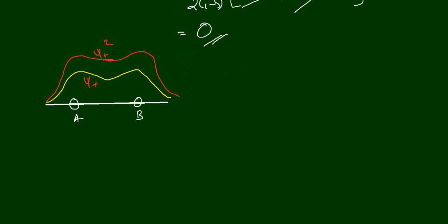Okay, so this is psi plus, and this is psi plus square. And if you are considering the psi minus and psi minus square, here is the nucleus A and here is the nucleus B. So if you are considering psi minus, the plot of psi minus is like this.